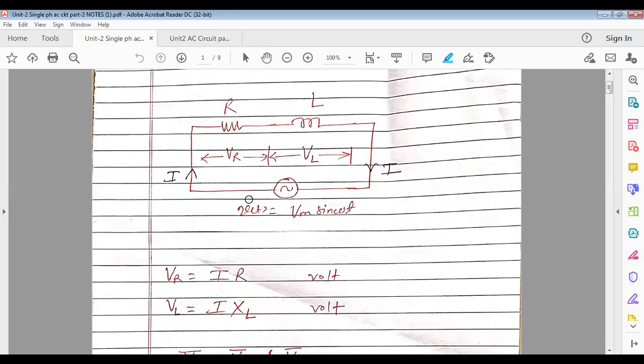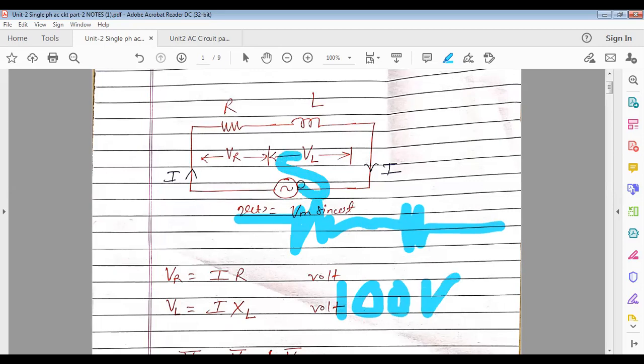Now here you can apply the KVL equation to this AC circuit, but in DC, what is the case? Suppose two resistances are there in the circuit, and the applied voltage across them is 100 volt. Suppose across one it's 80 volt, then what will be the voltage drop across the other one?